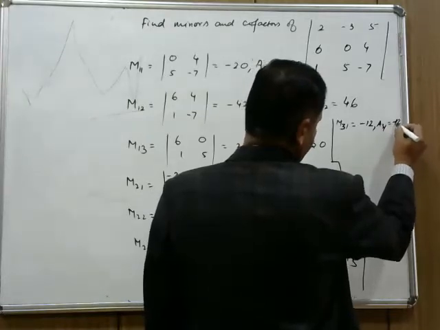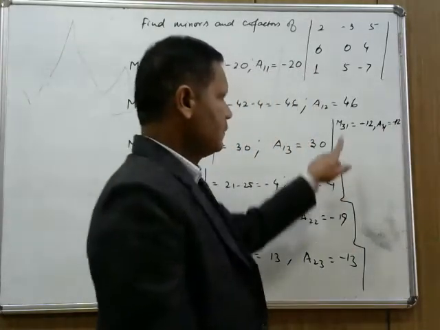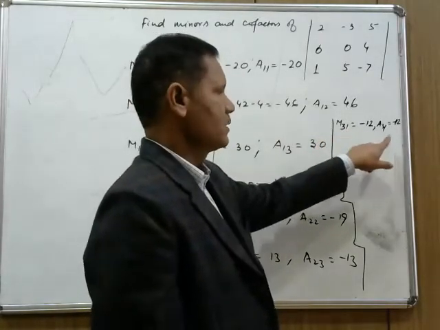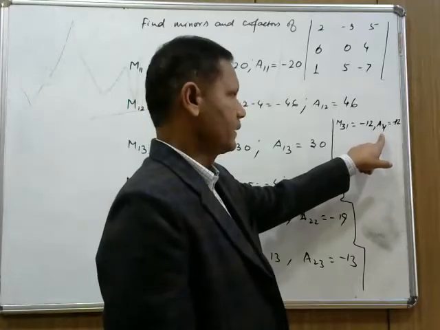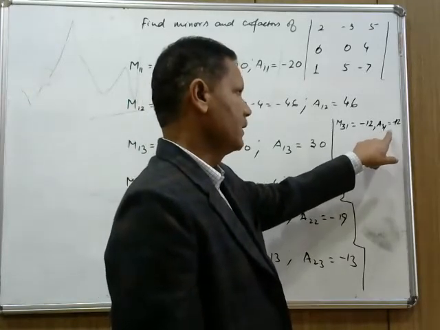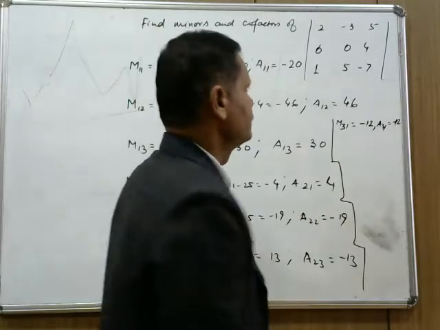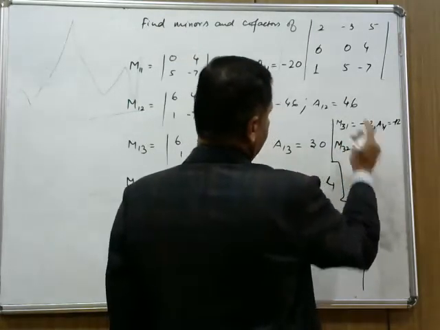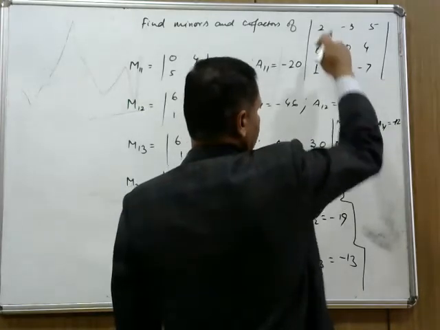Why? Because the sum of the address i and j, 3 plus 1 is 4, that's why its value will not change. For writing the cofactors, it will remain A31 only and its value will be minus 12. Now if I talk about M32, that means this row, this column gone.